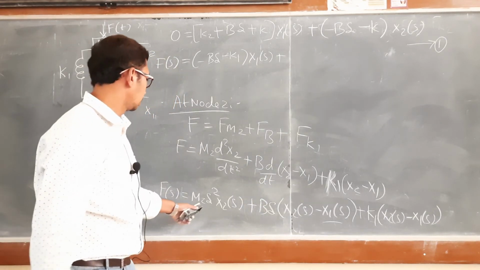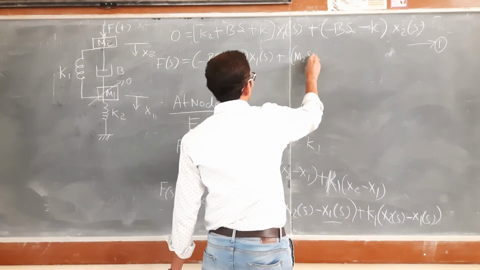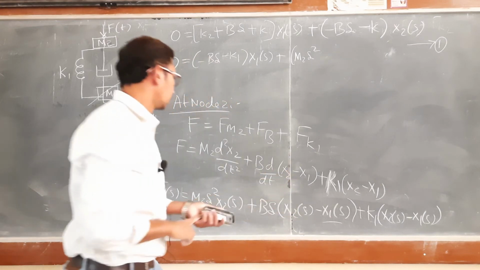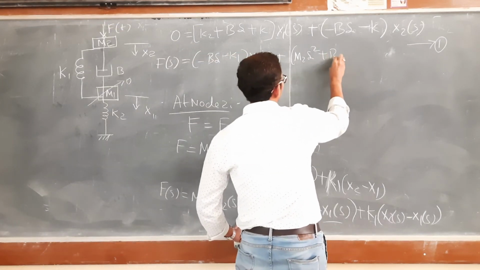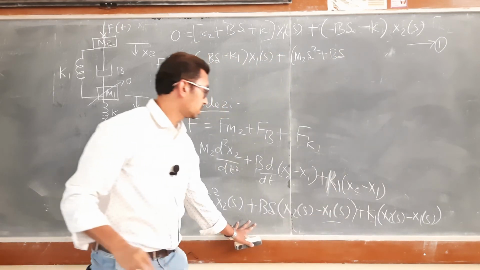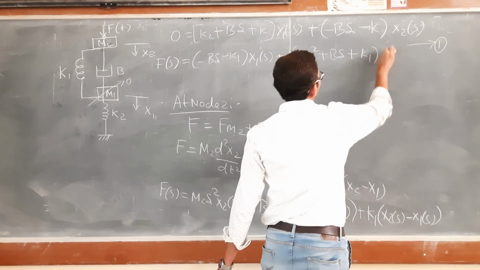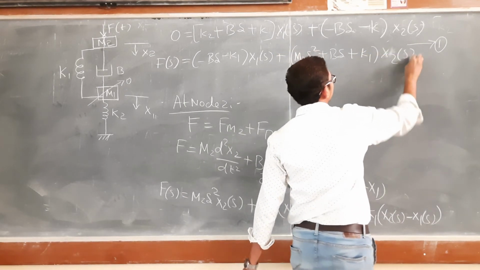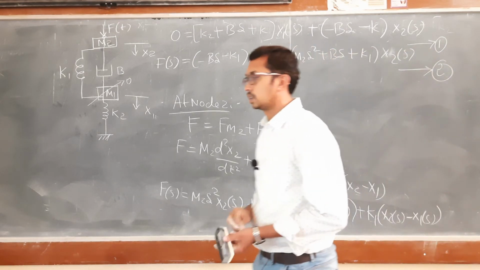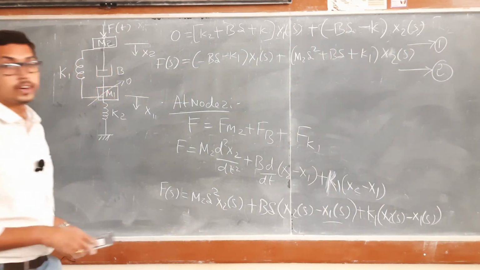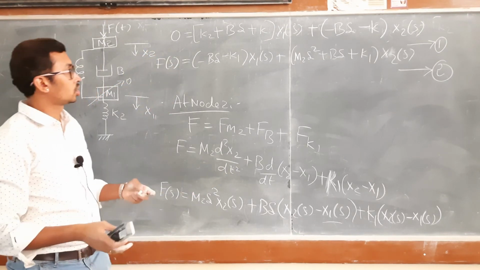It will be m2 s square plus bs plus k1 times x2 of s. So this is the equation number 2.